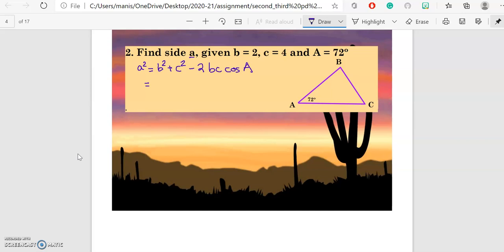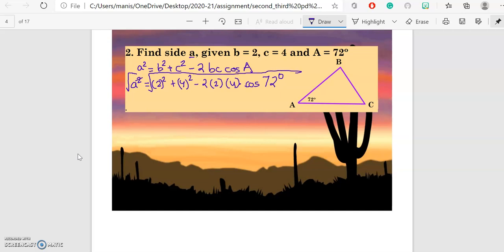After this, I have to substitute my values. So 2 squared plus 4 squared minus 2 times 2 times 4 times cosine of A, which is 72 degrees. And as I mentioned earlier, we will take the radical on both sides so I can get my answer.